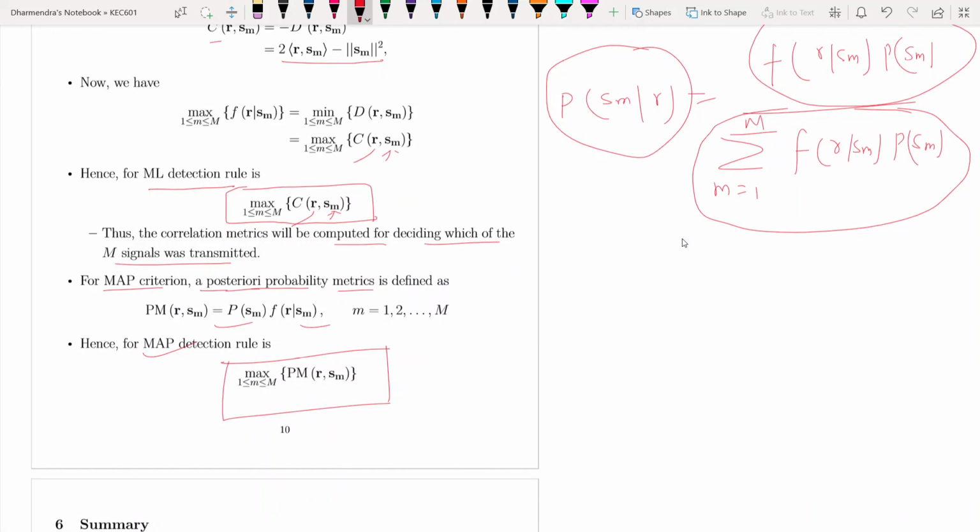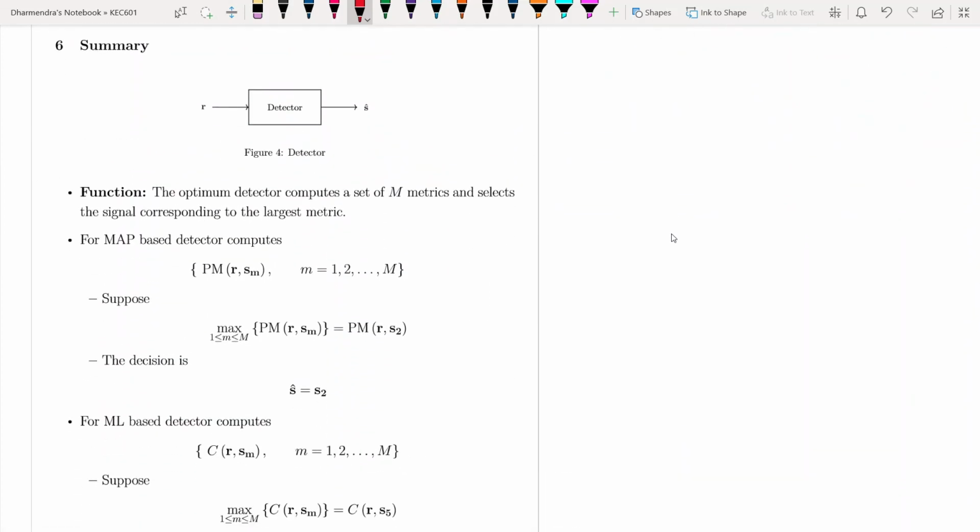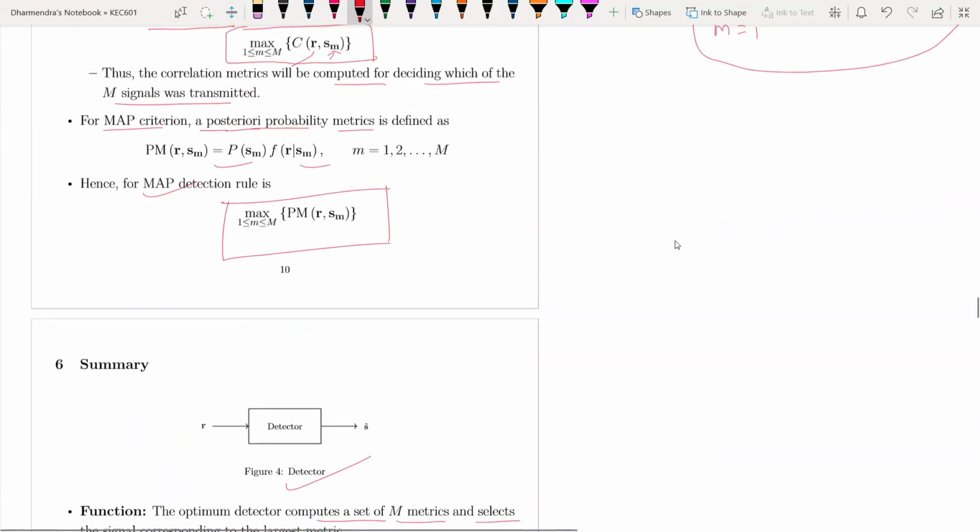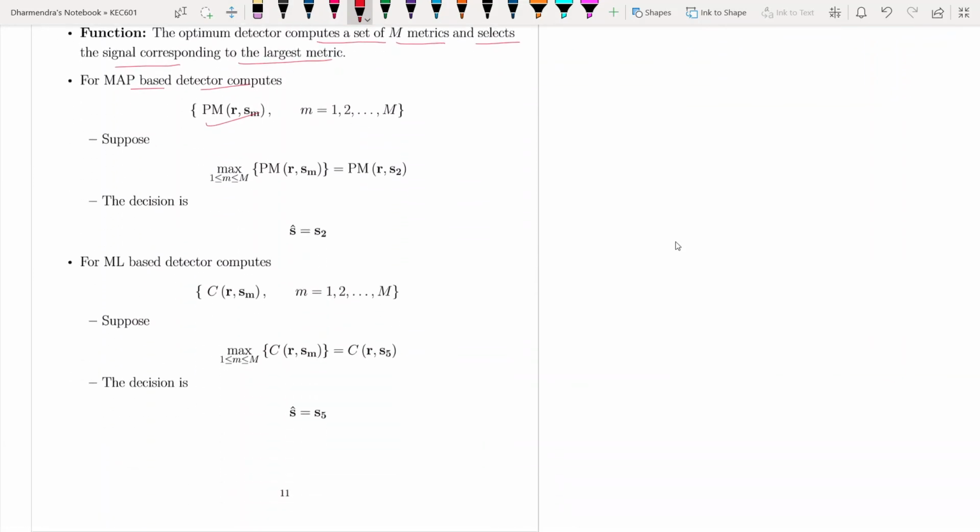So let us summarize about these detectors. From the previous discussion, we can say that the function of the detector is to compute a set of M metrics and select the signal corresponding to the largest metric. For a MAP based detector, compute the a posteriori probability metrics and decide S hat.